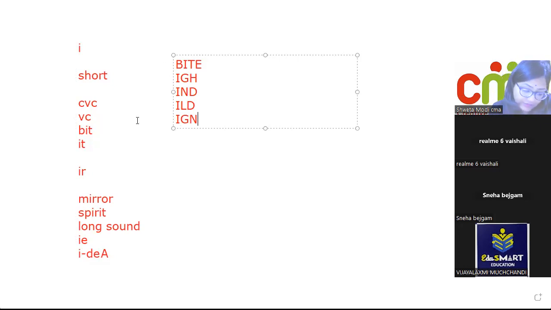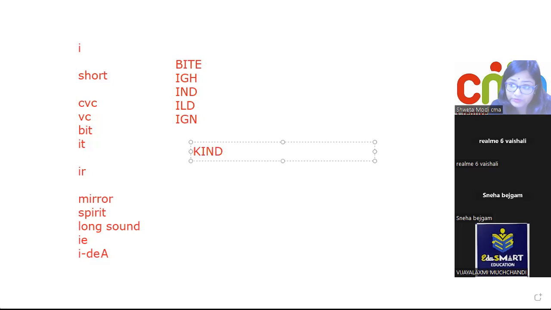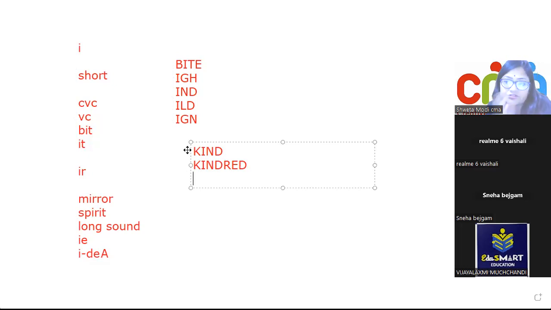That is the reason why in the word kind it is a long sound, but in the word hindered, it becomes a short sound because you're adding a suffix. So it is wild but wilderness. It is child but it is children. So when the word becomes longer because you're adding some suffix, that effect goes.